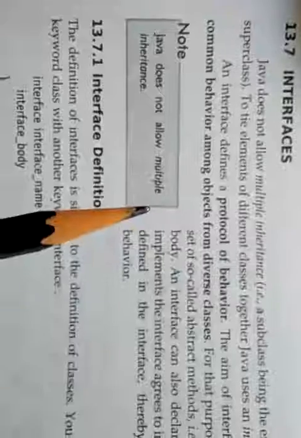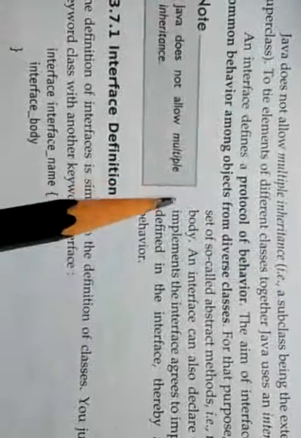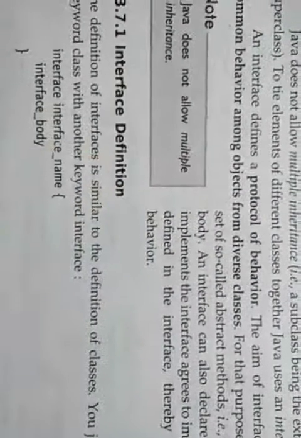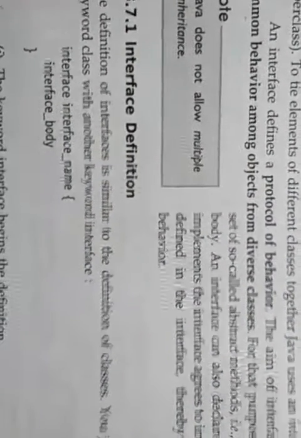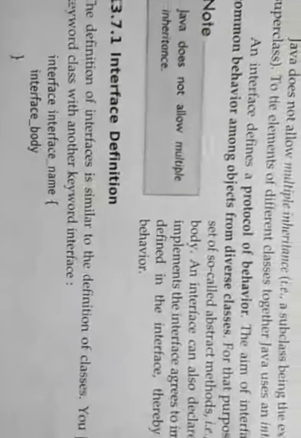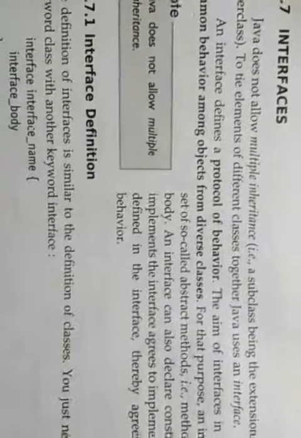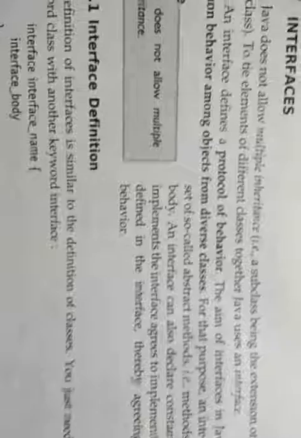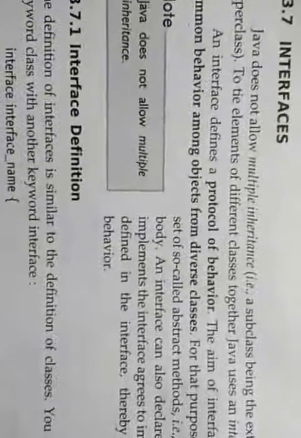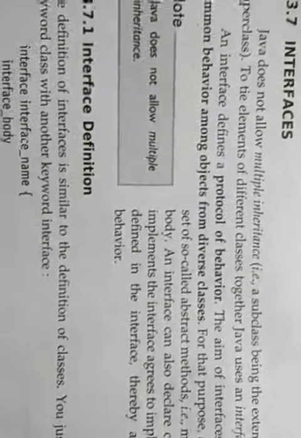And the next topic is interface. An interface is a collection of constant variables and abstract methods. Java does not support multiple inheritance, but we can implement multiple inheritance with the help of interface.